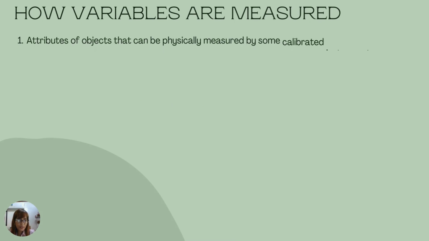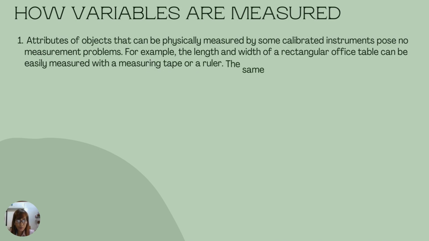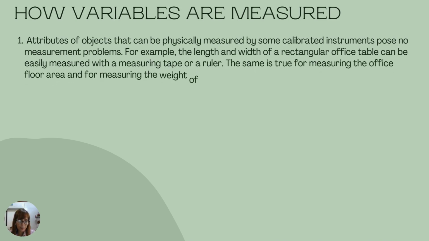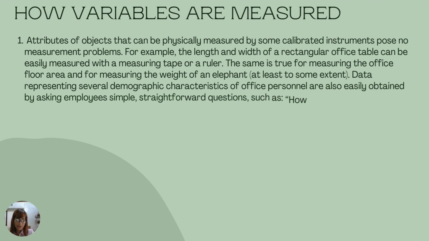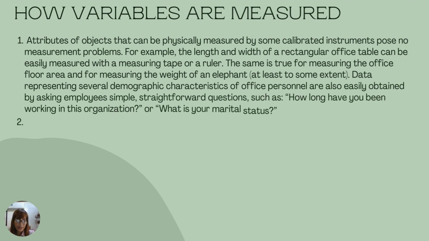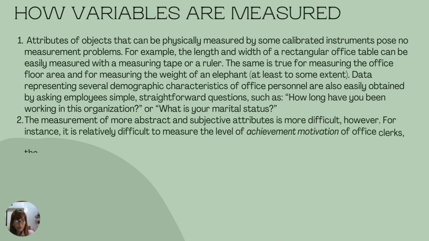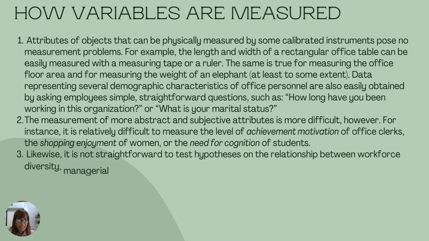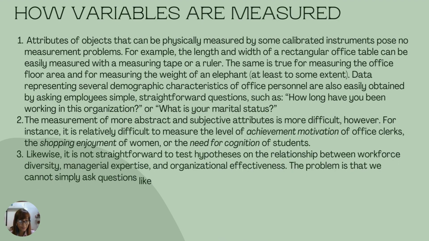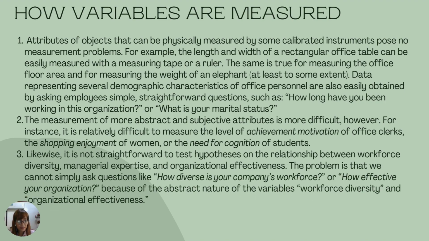Next, attributes of objects that can be physically measured by some calibrated instruments pose no measurement problems. So there are also objects whose attributes or characteristics are easily measured. For example, the length and the width of a rectangular office table can be easily measured with a measuring tape or a ruler. The same is true with measuring the office floor area and the weight of an elephant.